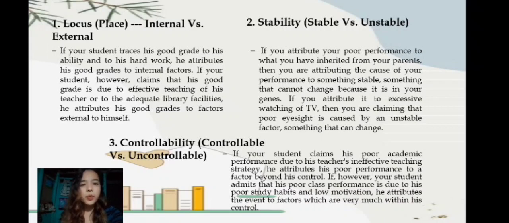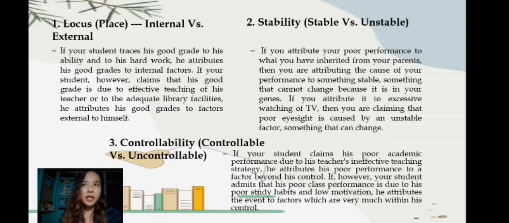However, when making an unstable attribution, they infer that an event or behavior is due to unstable or temporary factors. This means if you attribute it to excessive watching of TV, then you are claiming that poor eyesight is caused by an unstable factor, something that can change.